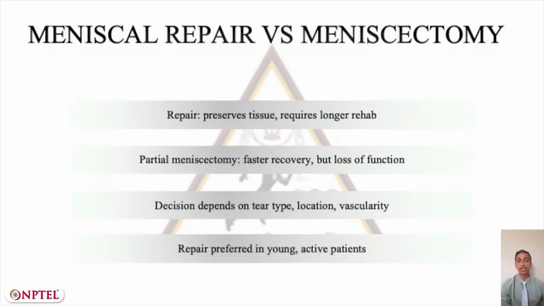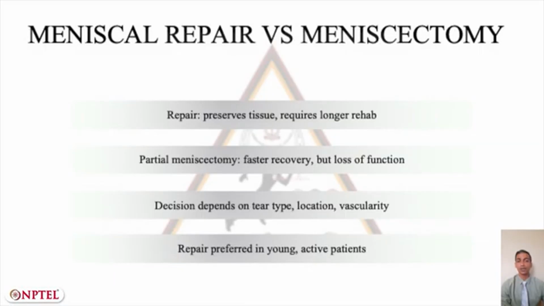Partial meniscectomy removes damaged tissue and allows faster recovery. But it also increases joint loading and increases the risk of osteoarthritis. Such patients may have an early total knee replacement surgery.